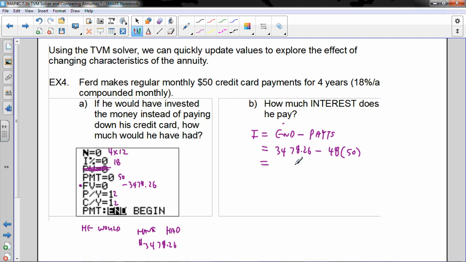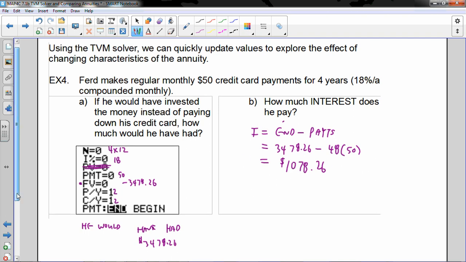And I put that into a calculator, and I get $1,000. So it feels like Ferd's being a good, conscientious person by paying down his credit card, but $1,000 of that $3,400 was interest. And of course, we'd love to figure out how to decrease that.